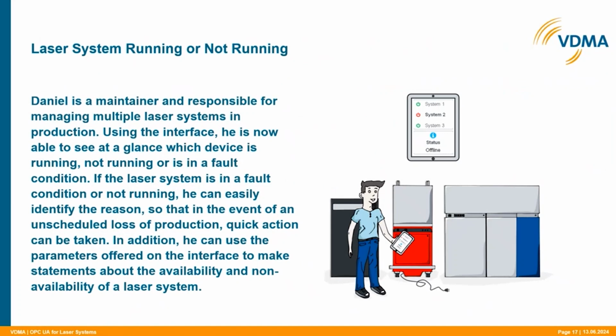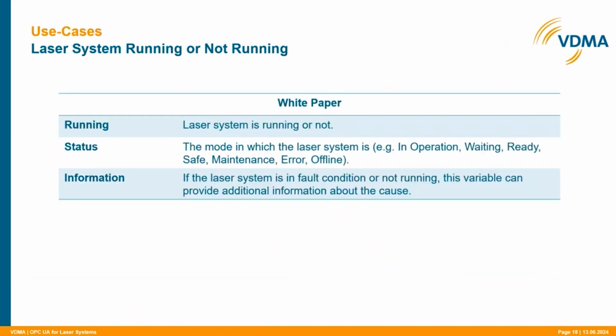For the use case laser system running or not running, it should be possible to see at a glance which device is running, not running, or is in a fault condition. If the laser is in a fault condition or not running, the maintainer can easily identify the reason, so that in the event of an unscheduled loss of production, quick actions can be taken.